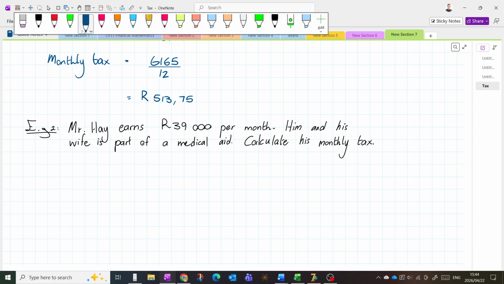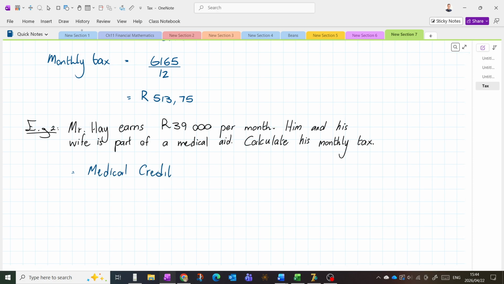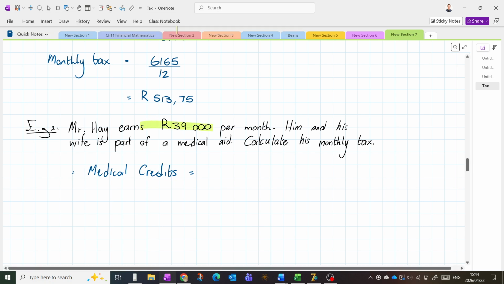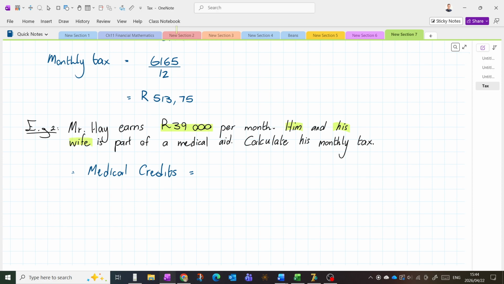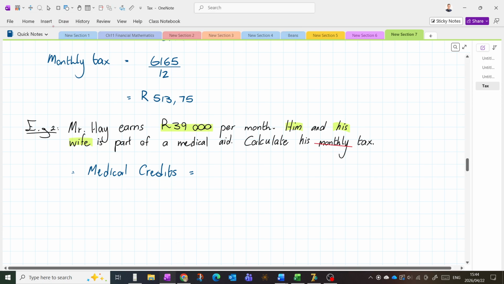So I'm going to start it off this time with his medical aid and medical credit. Let's first just go back quickly and highlight. Here's his monthly income, him and his wife. It's part of a medical aid. Again, no UIF mentioned, nothing else mentioned, and we want monthly tax.